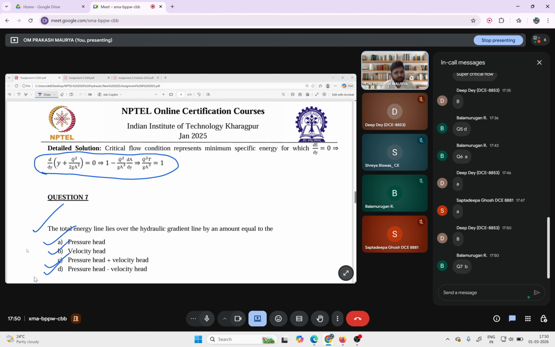Other students, please also try to write your answer in the chat box. Anyway, I'll explain graphically what exactly it means. Velocity head, nice.